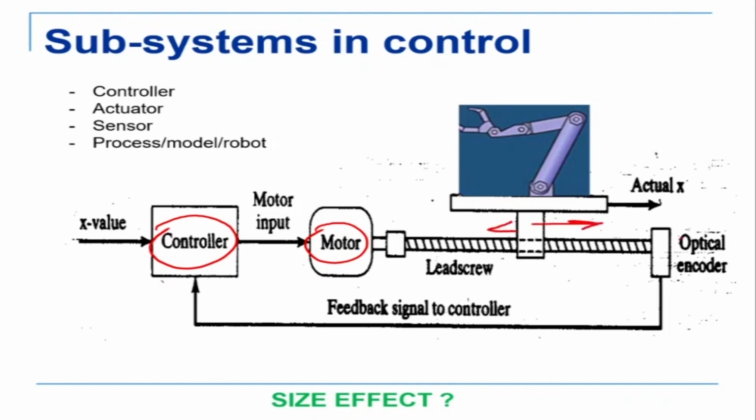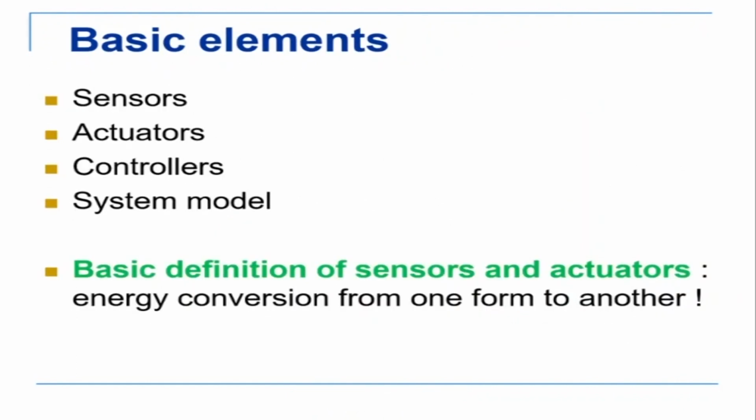And in the feedback loop, we have an optical sensor, which is a position sensor. And this makes up my closed-loop control system. I also explained how this closed-loop control system works and what is the requirement for an actuator and a sensor here. Now, the four basic elements which make up the control system are sensors, actuators, controllers, and a system model.